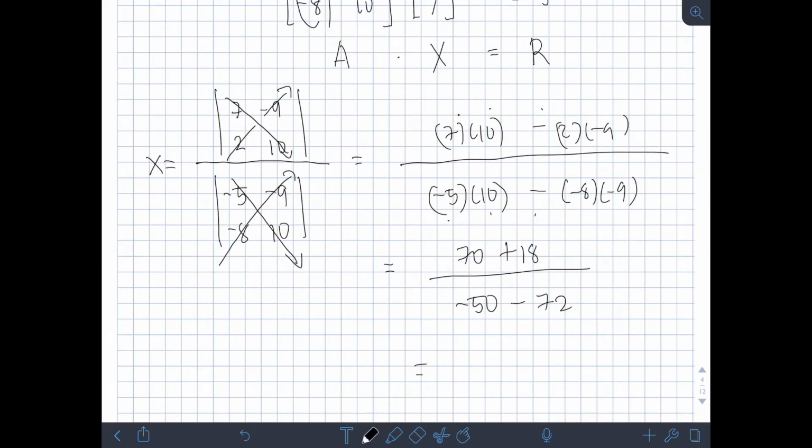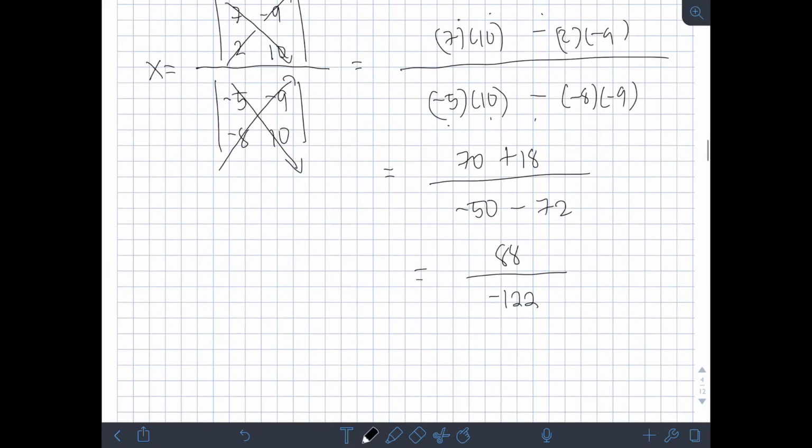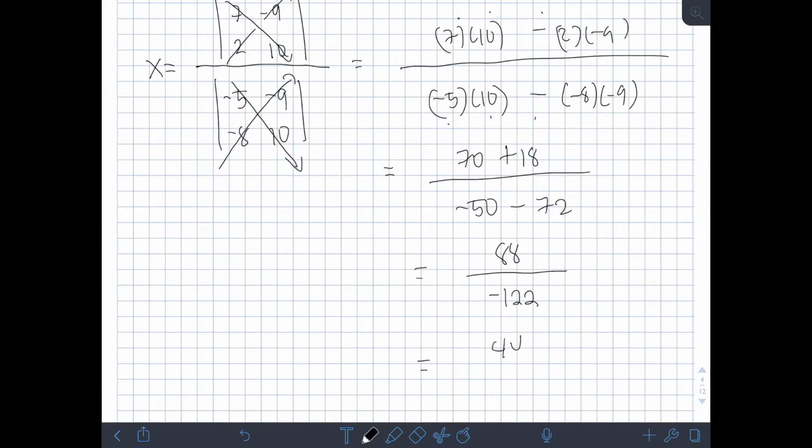So, we have 70 plus 18 is 88 over negative 50 minus 72 is negative 122. Or in lowest term, 44 over negative 61. Or simply negative 44 over 61.